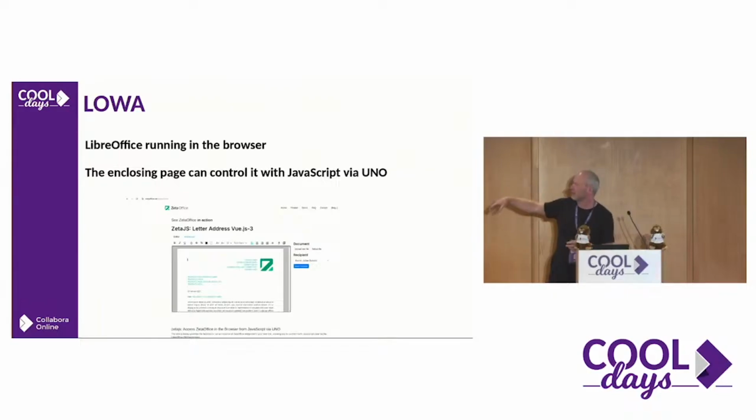In this example, we just have a Writer canvas rendered by LibreOffice itself, and all the GUI around it, all the controls, are done with JavaScript, Vue in this example. So there's a spectrum: you can use the complete LibreOffice GUI, or just use some smaller widget from LibreOffice and surround it with your own controls, or drive it with your own logic. And for that, of course, you need some scripting.